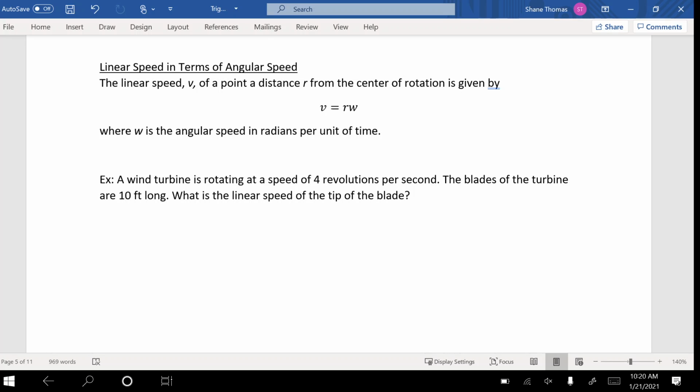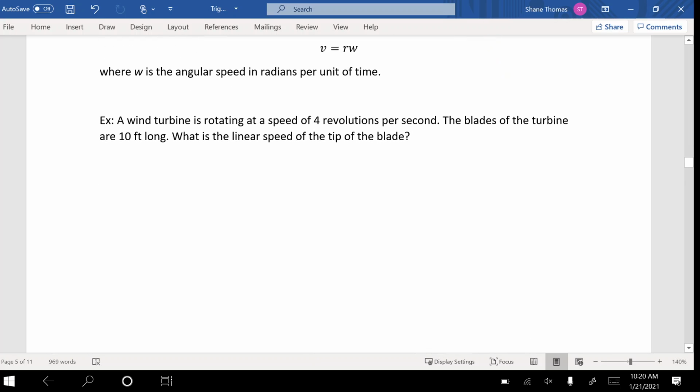I think this one's cool. So first thing we want to do: how many revolutions are we making, and how long is it taking us to do that? 1 second. Okay, so we just found our angular speed before, right? Let's do that again.